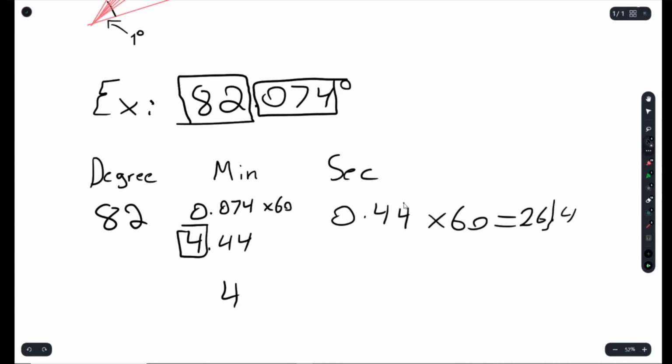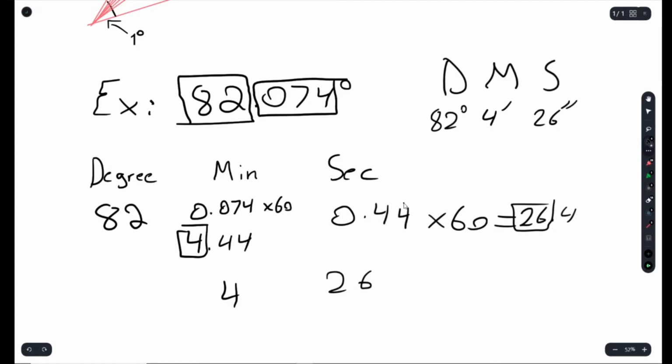And you take the number before the decimal point, so it's 26. So the DMS would be 82, 4, and 26. The second is marked with 2 quotation marks, basically, and the minute is just 1.